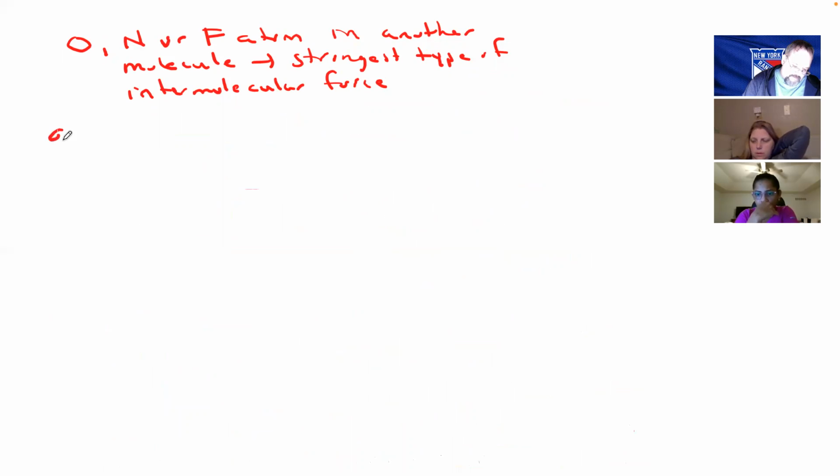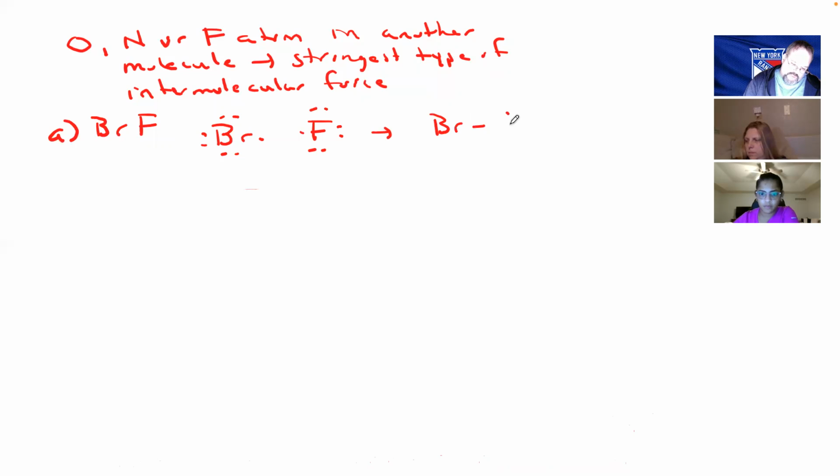So now we go to letter A, BrF. If we look at BrF, you have the bromine with 7 valence electrons, the fluorine with 7 valence electrons. So they're going to share 2 electrons between each other to form a single bond. The biggest question is, when you have two atoms, the polarity of the molecule depends solely on the polarity of the bond.